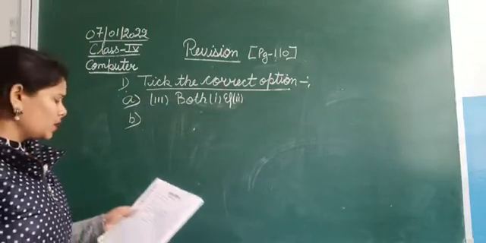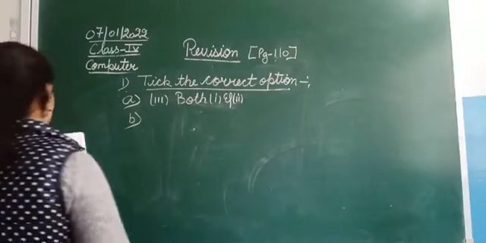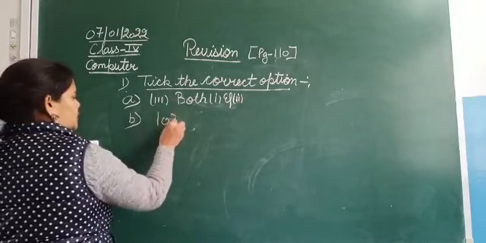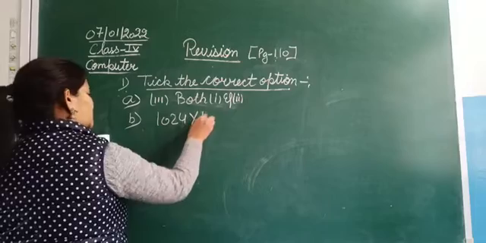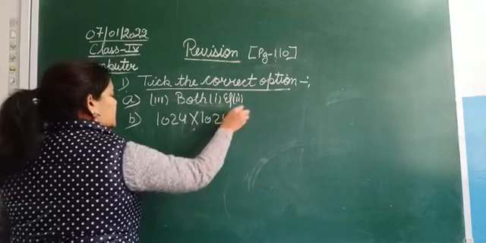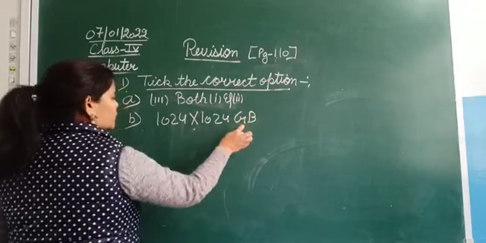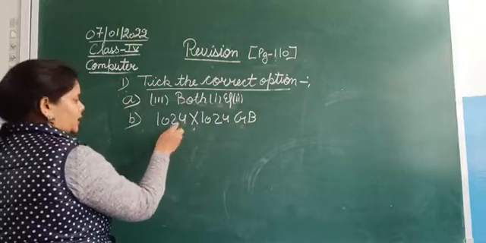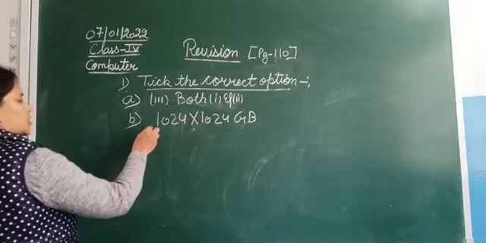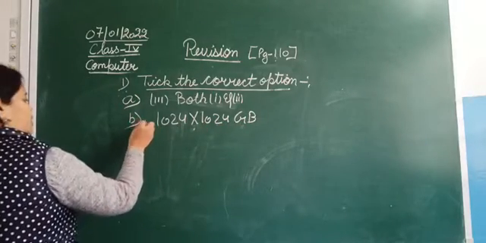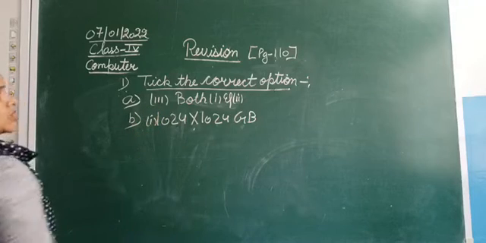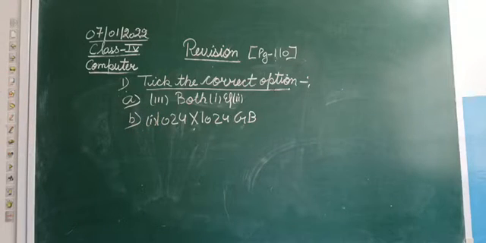So here 1 petabyte is equal to 1024 into 1024 gigabytes, because 1024 gigabytes is 1 terabyte. So this is the answer for the first one. You can pause it here and note it down in your notebooks.